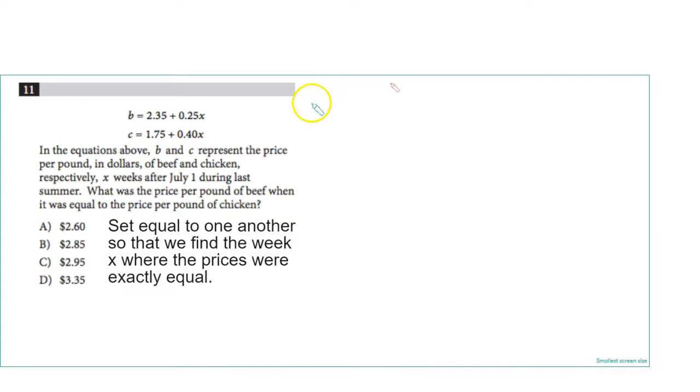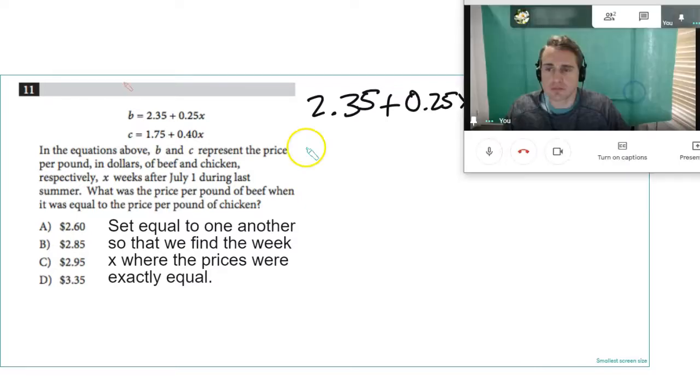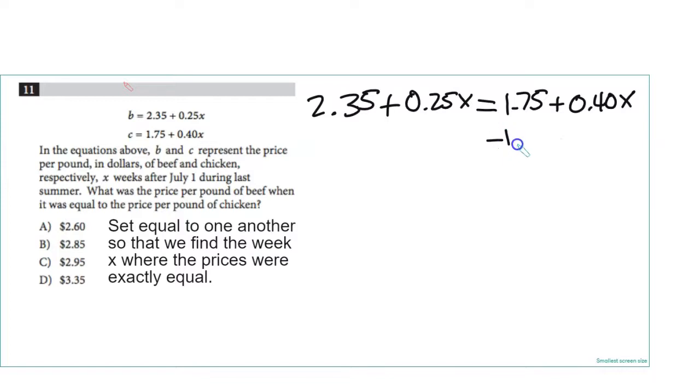You could say 2.35 plus 0.25x equals 1.75 plus 0.40x. Let's subtract 1.75 from both sides.